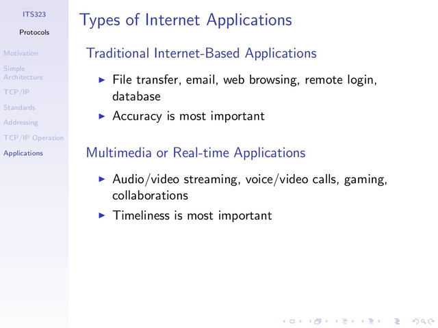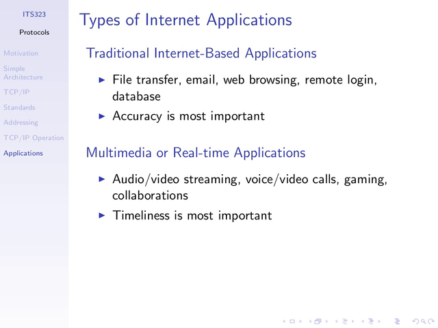Similar for streaming applications. You press play on your YouTube video. You may tolerate some delay to start, but once it's playing, you don't want it to start and stop every 5 seconds and freeze and start and stop. You'd want smooth playback so you can watch the video in real time.